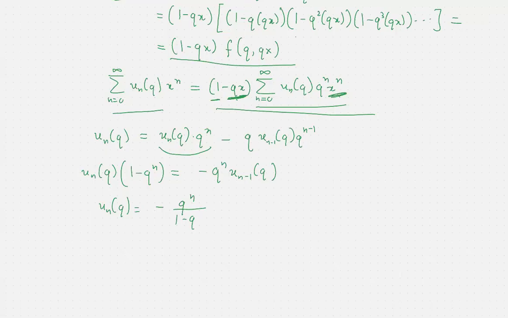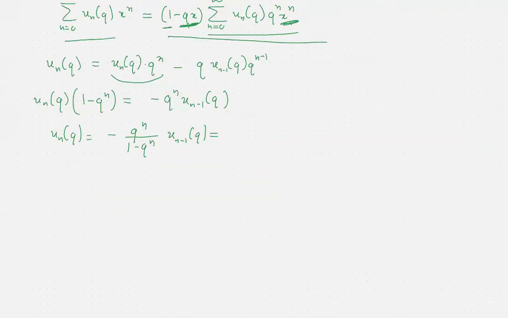Pretty much we will be applying this identity over and over. So we will get, for example, let's do one more step, minus q to the n over 1 minus q to the n times minus q to the n minus 1 over 1 minus q to the n minus 1 times u_(n-2) of q.